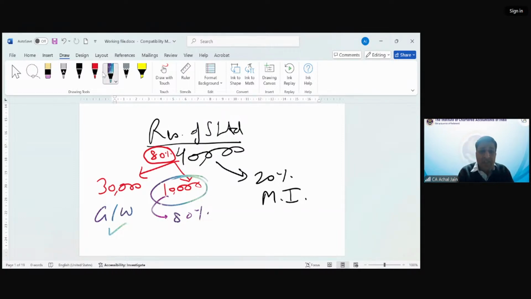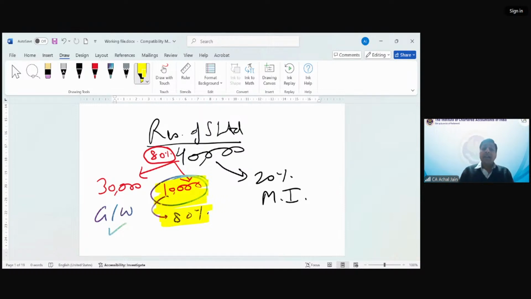So this 80% of 10,000, this belongs to whom? Majority or the minority? This belongs to whom? H Limited. Yeah. So that's why this portion which has been left out, if you don't give this to the majority, what will happen? Your balance sheet will not tally.